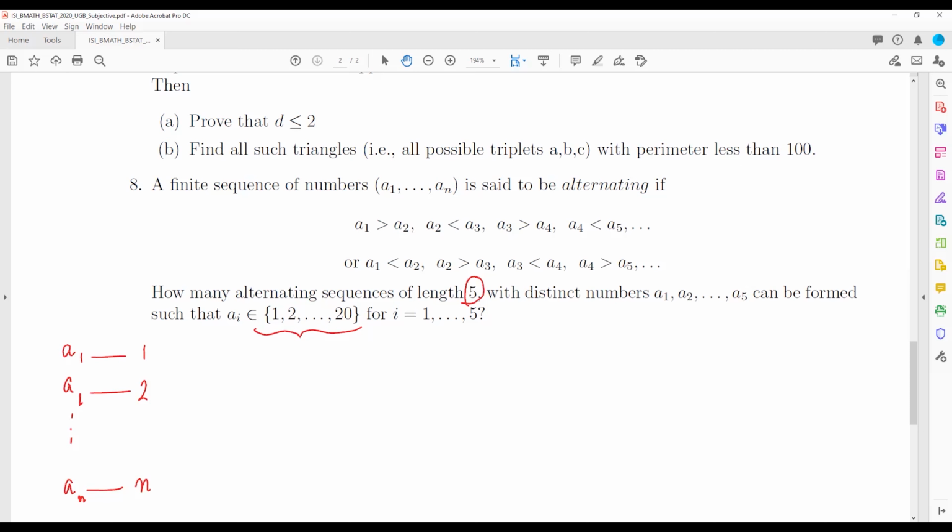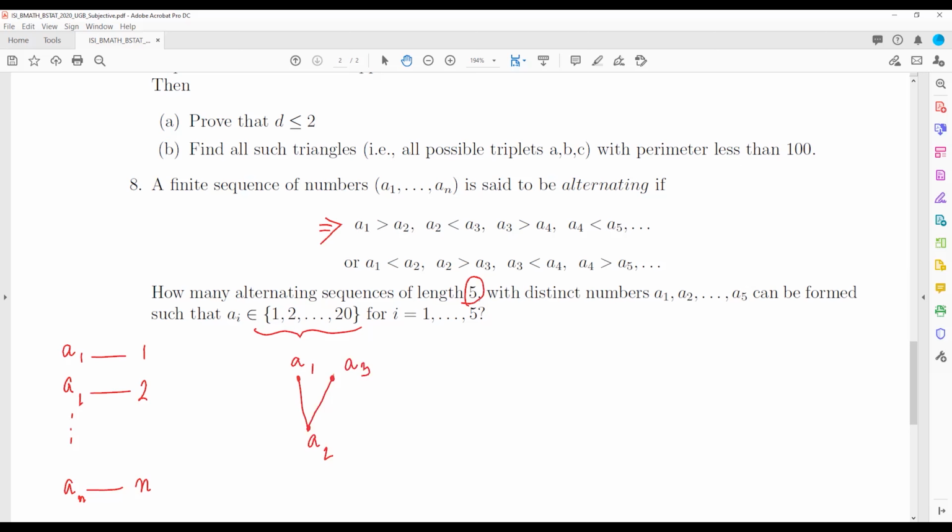Now coming back to the sequence. Let's start with a1, and for this type of sequence a1 is greater than a2. So here is a1. Since a1 is greater than a2, we draw a2 below a1 to denote that it's smaller than a1. Then a2 is smaller than a3, so a3 will be above a2, and we don't know whether a1 is greater than a3 or a3 is greater than a1.